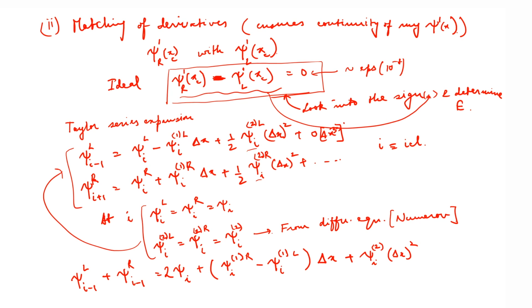If I simplify this, what I want is to compute the difference between the derivatives of my wave function from the outward integration and from the inward integration at the classical inversion point. That will be given by this equation.